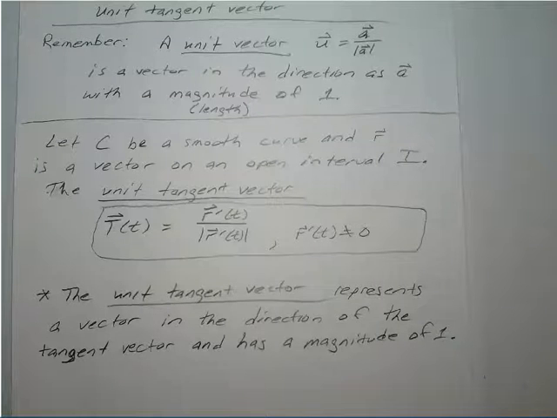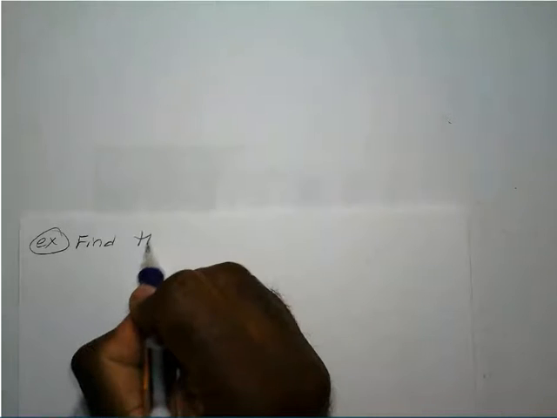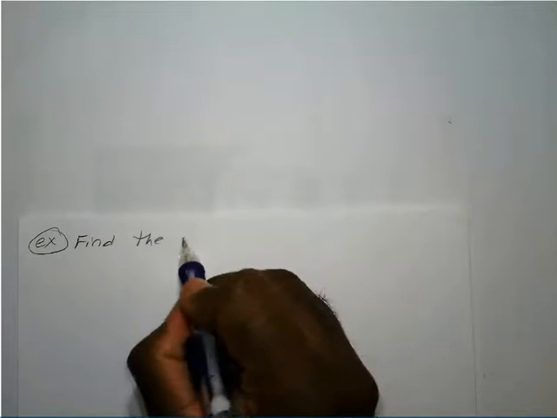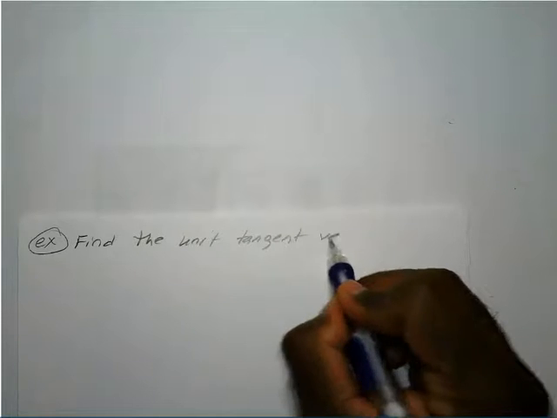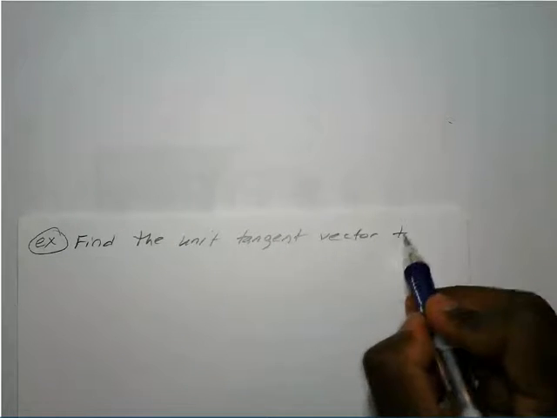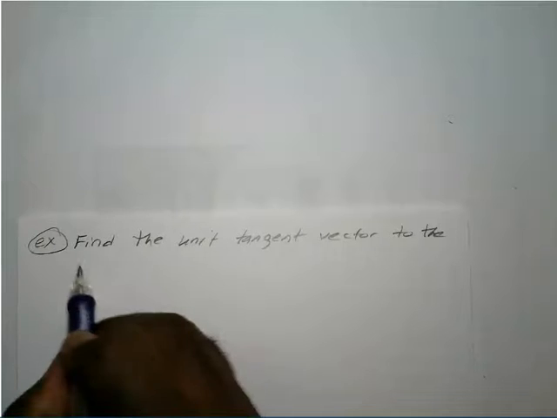All right, so if you are still writing, feel free to press pause, but we're going to go ahead and move on to our first example. So for example, what if we wanted to find the unit tangent vector to the curve?